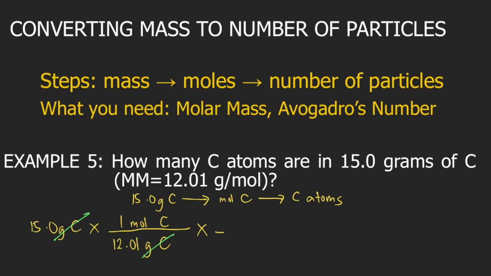And by definition of Avogadro's number, 1 mole of carbon is equivalent to 6.022 times 10 raised to 23 carbon atoms. So we use atom because carbon is a single element. So the moles of carbon will cancel, so our final unit would be carbon atoms.